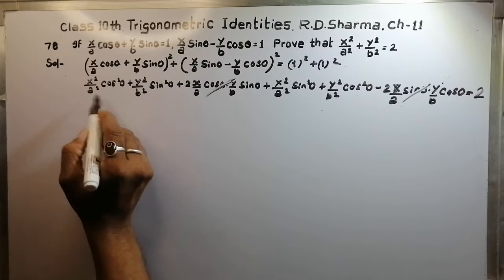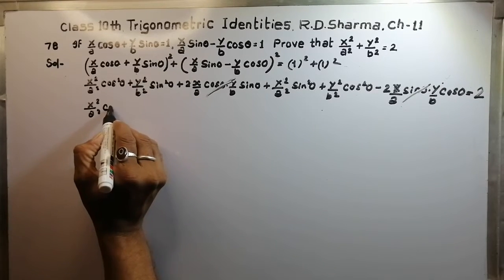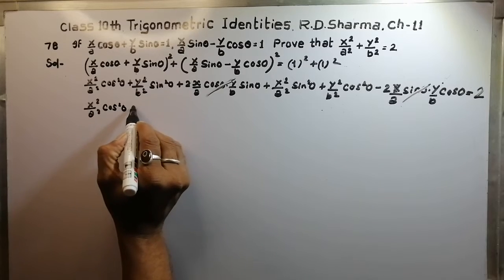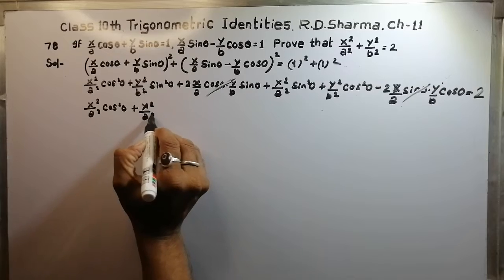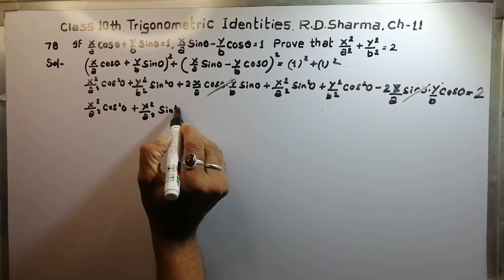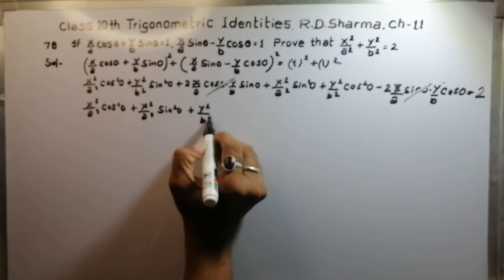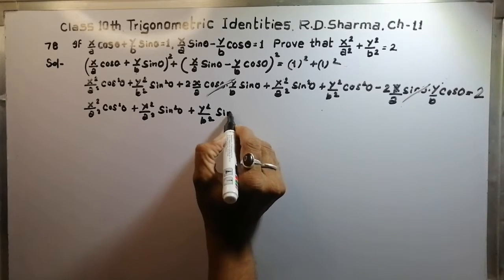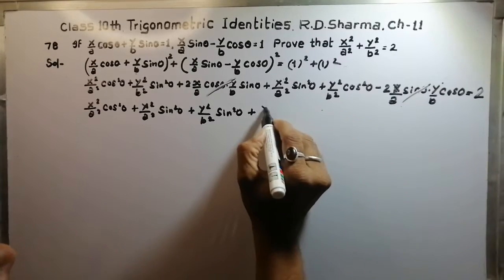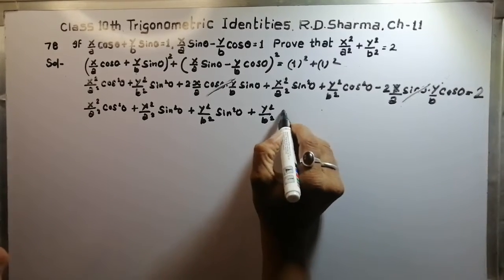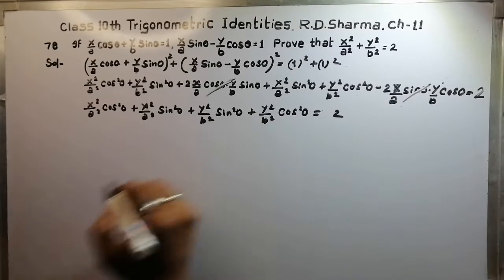And now if we add x square by a square cos square theta plus x square by a square sin square theta plus y square by b square sin square theta and plus y square by b square cos square theta, which will equal to 2.